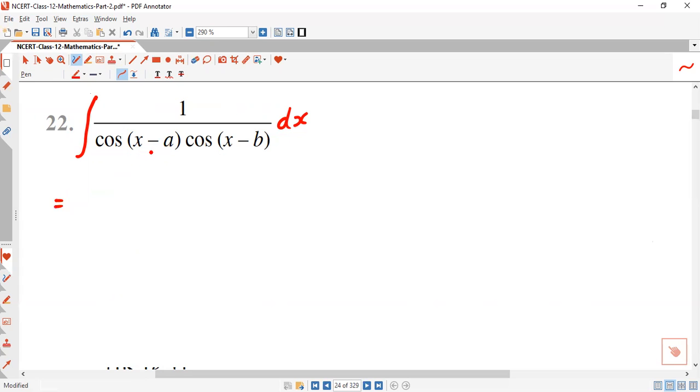I will add in this question something like this: sin(x minus a), sin(x minus b). So this integration becomes, I would like to add, sin(x minus a) minus (x minus b).